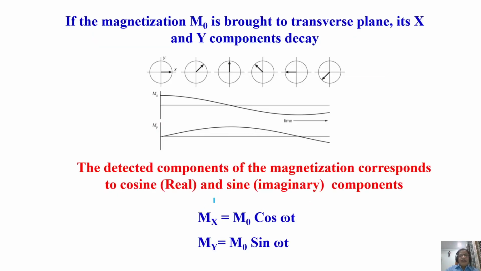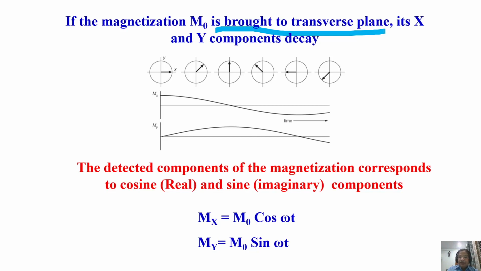Now let us see what happens to the magnetization. We'll discuss a little bit about the components of the magnetization. Now, if the magnetization M naught is brought to the transverse plane by applying a 90-degree pulse, which we already know how to calculate, I am applying a 90-degree pulse and bringing the magnetization to the XY plane.